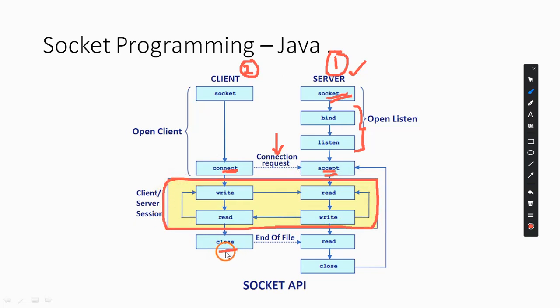Finally, when the task is over, the client is going to close the connection and the server is going to read that request and finally close the connection. Okay, so both the client as well as the server are terminated. So this is the process followed by client and server using socket programming.